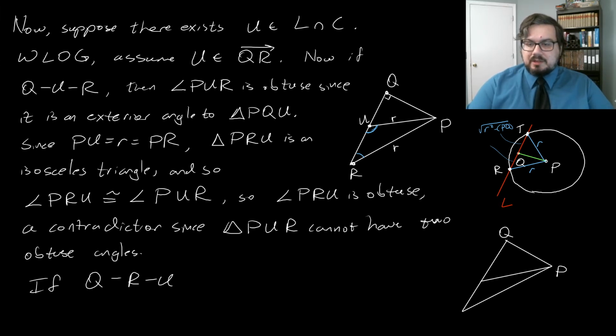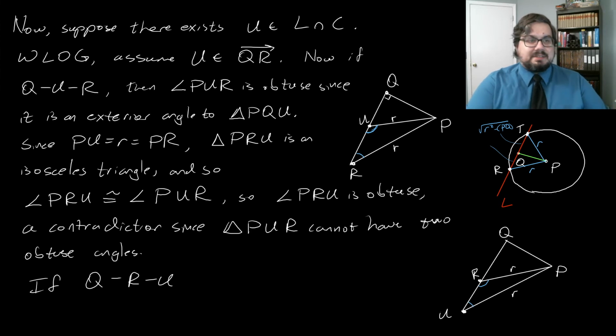We've got P, Q, only now this time we've got R here, and we've got U here. And again, we've got that the distance PR and the distance PU are supposed to be the same. And again, we get that the triangle PRU has to have two obtuse angles in it, a contradiction.